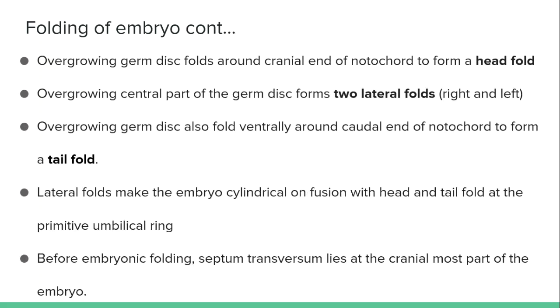So we are continuing the folding of the embryo. The overgrowing germ disc folds around the cranial end of the notochord to form a head fold. The overgrowing central part of the germ disc forms 2 lateral folds, the right and the left. The overgrowing germ disc also folds ventrally around the caudal end of the notochord to form a tail fold.